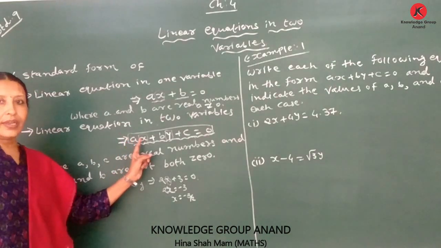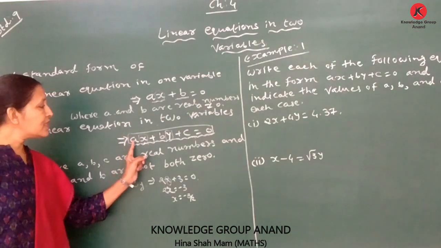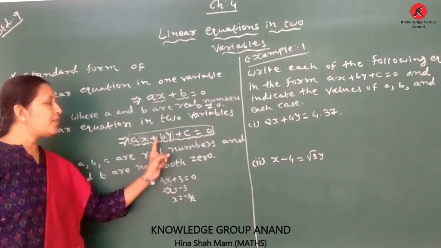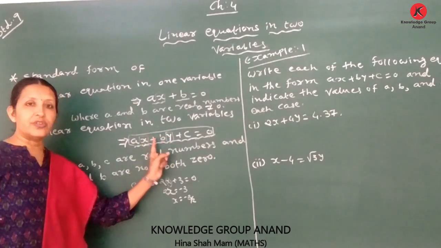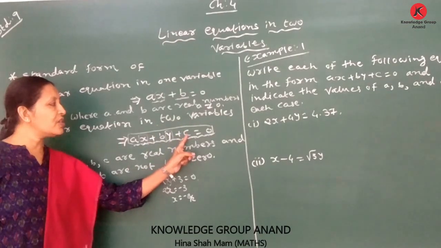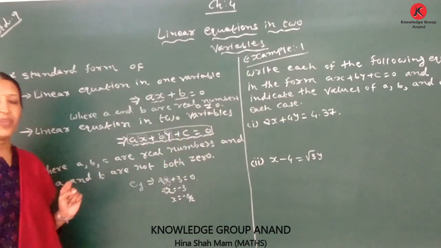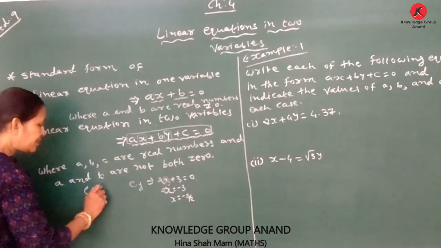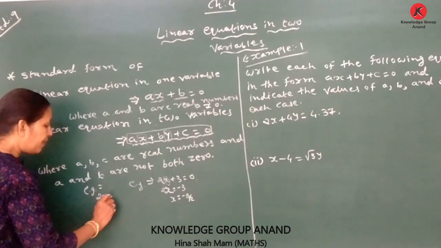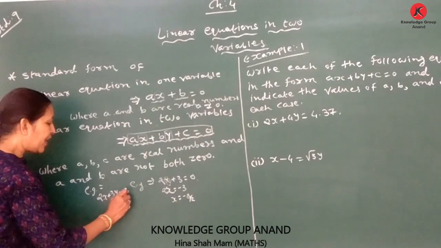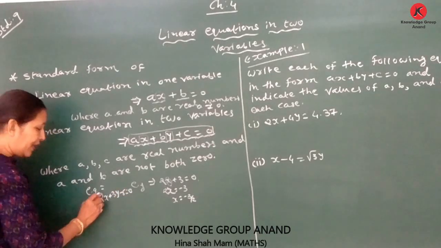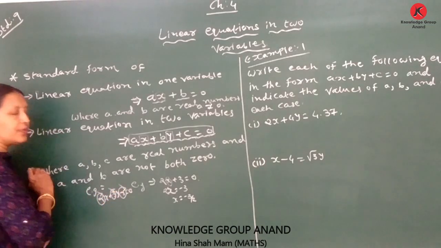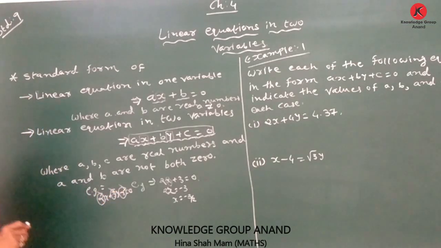The coefficient of x is denoted a, the coefficient of y is denoted b, and our constant term is c. For example, 2x plus 3y minus 5 equals 0. Here a is equal to 2, b is equal to 3, c is equal to minus 5.